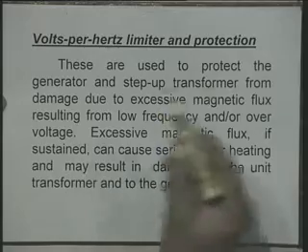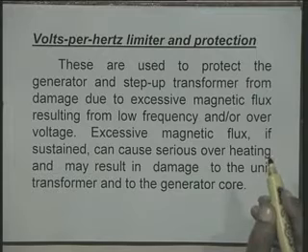Now, suppose you are operating in a situation where frequency drops and voltage rises, voltage becomes more, frequency becomes less. It means V by F becomes more. Under that situation, the operating flux will increase, and when the flux increases, it will cause additional core losses. Therefore, there is a necessity to provide protections against such an eventuality.